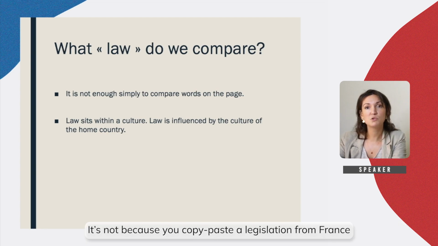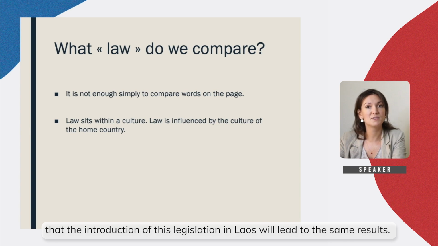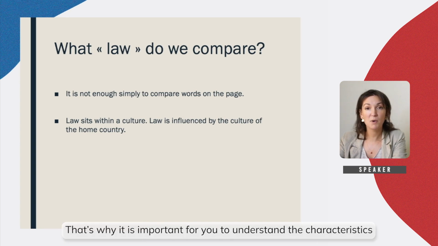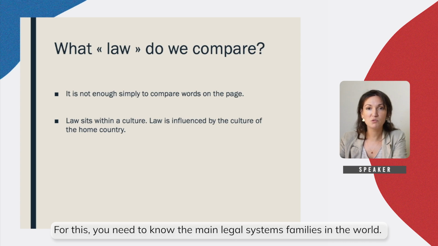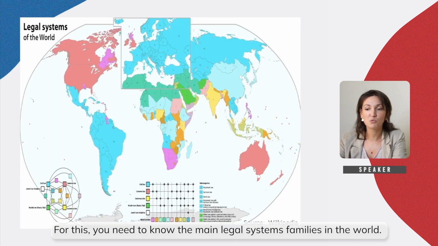It's not because you copy-paste a legislation from France or Thailand or Luxembourg that the introduction of this legislation in Laos will lead to the same results. The law sits in a specific context, and that's why it's important for you to understand the characteristics of the legal system you compare. And for this, you need to know the main legal system families in the world.